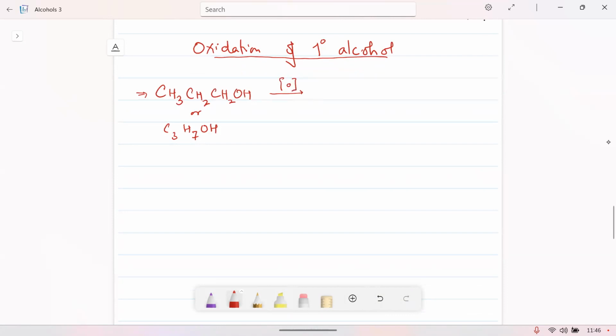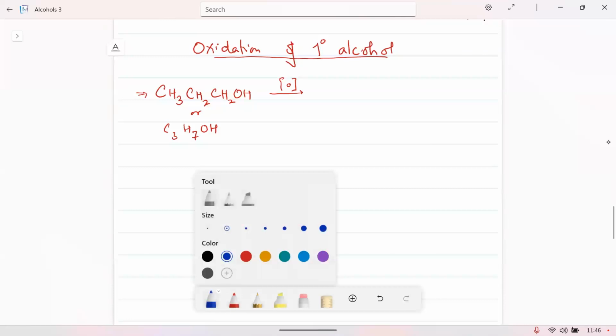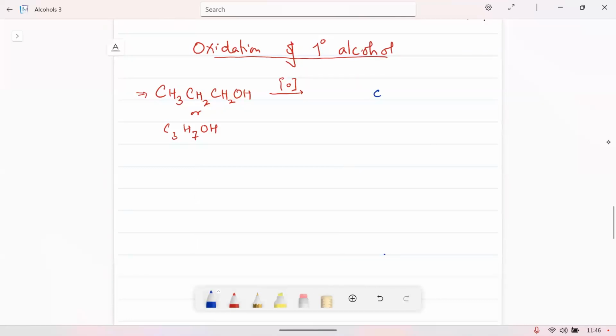Now the important thing. Now you are doing the oxidation. You know alcohols will be oxidized to carboxylic acid. So what we can do is, the first thing is write down the functional group, because I know aldehyde will be formed 100%. When a primary alcohol is oxidized, aldehyde will be formed. So I have written the functional group first.